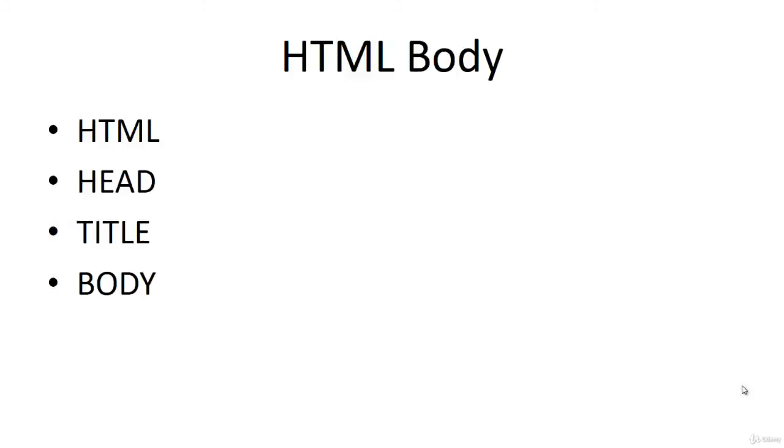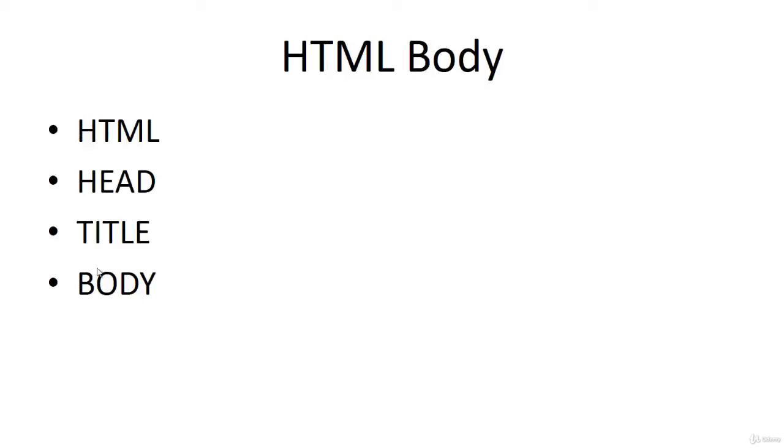Now, before I move on to video number 2, we are going to talk about the basic structure of an HTML body. Whenever you create a new HTML page, basically what it looks like is at the top, you're going to have an HTML tag, and think about it as wrapping around everything. So you have the HTML, and you have the head, which is right underneath the HTML.